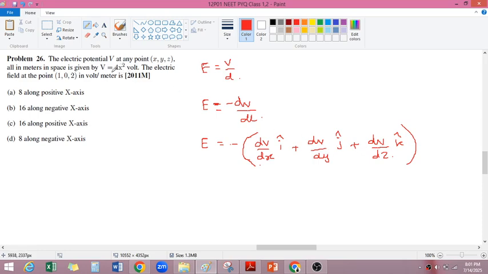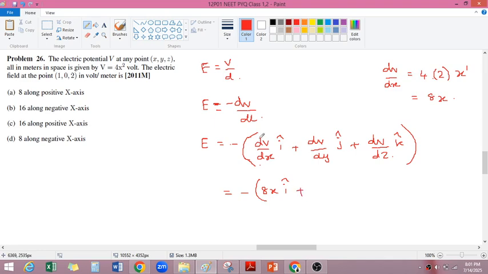Whereas if I differentiate V with respect to x, I will get dV by dx is equal to 4 into 2 into x power 1. 2 minus 1 will become 1. So 8x. So that means minus 8x into i cap.